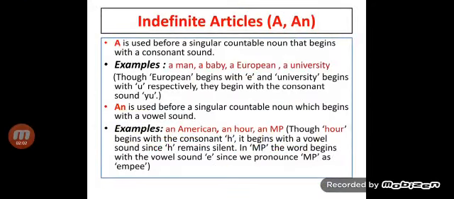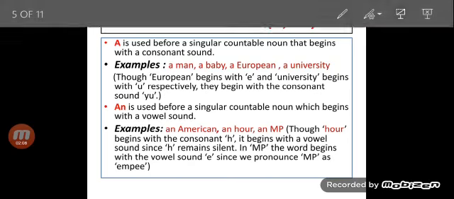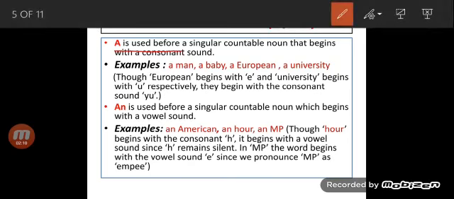Now let's discuss indefinite articles a and an. A is used before a singular countable noun that begins with a consonant sound. So you have to remember that a is used before a singular countable noun.